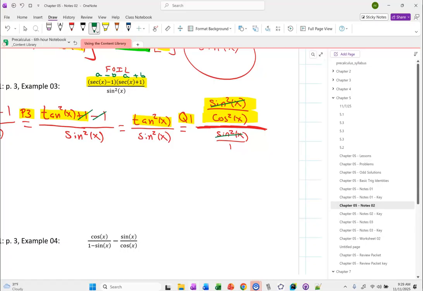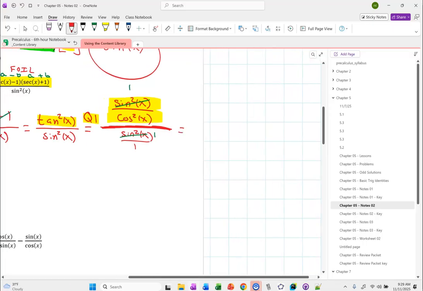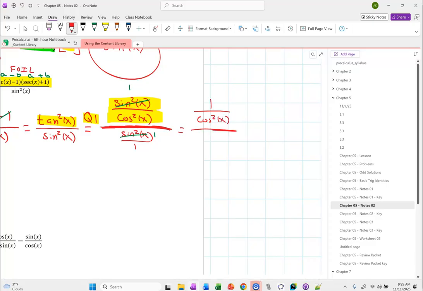Now, when we cross things out, when we reduce that, what do they become? Say it loud. 1. That's an algebra thing we just did here. So what I have is 1 over cosine squared over 1 over 1, or really just 1 over cosine squared.